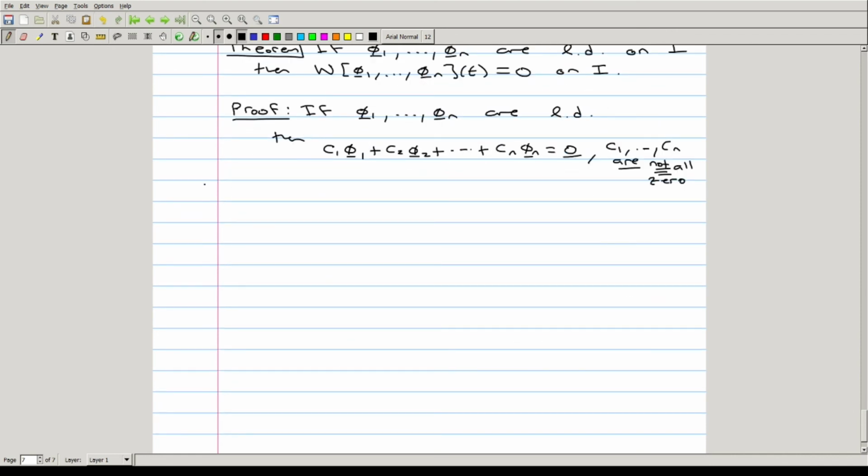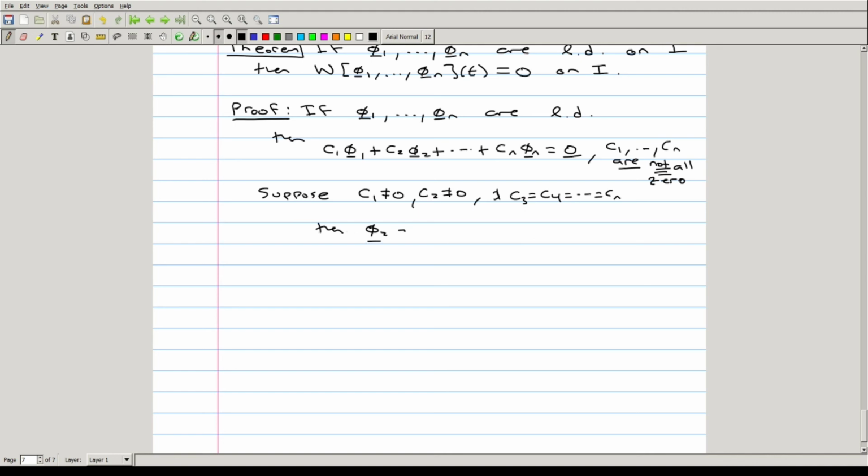So it's relatively straightforward to go through and prove this in general, but I'm just going to show, we'll say, suppose that C1 is non-zero, C2 is non-zero, and C3, C4, and all of the higher coefficients are 0.